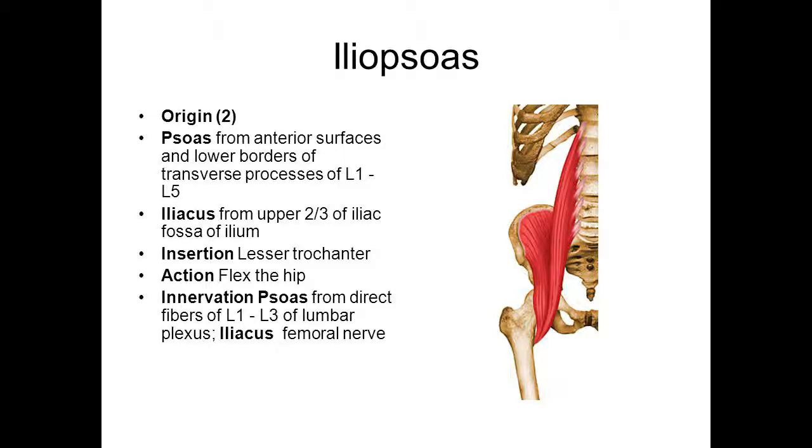Its origin is the anterior surface and the transverse process of the vertebrae lumbar 1 through lumbar 5. Its insertion is the lesser trochanter of the femur, and it rotates bilaterally.